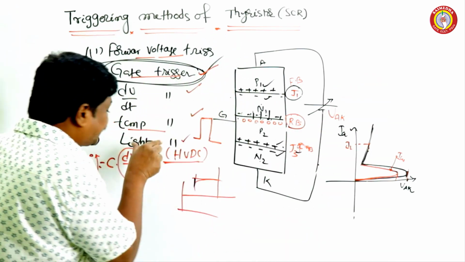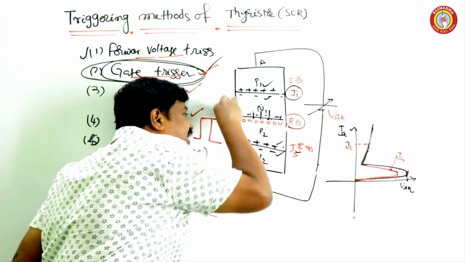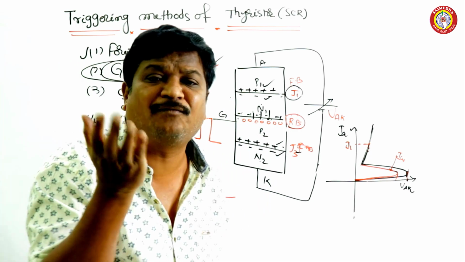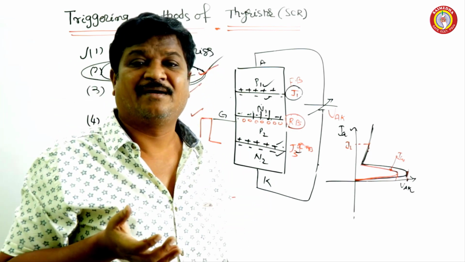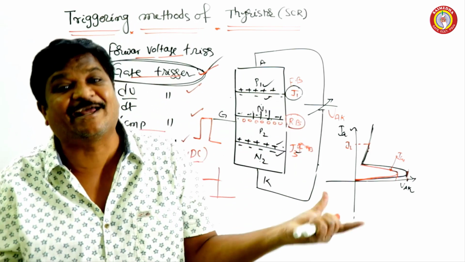But the last triggering is light triggering, where light impinges on this junction. Light is one type of photon energy. What will that energy provide? It generates electron hole pairs.